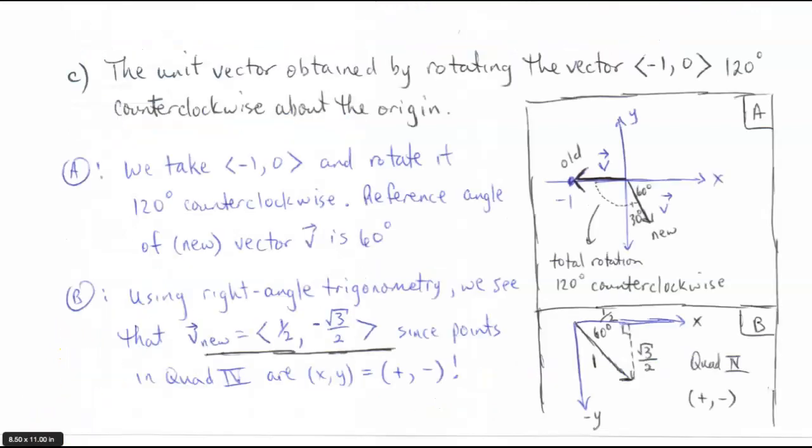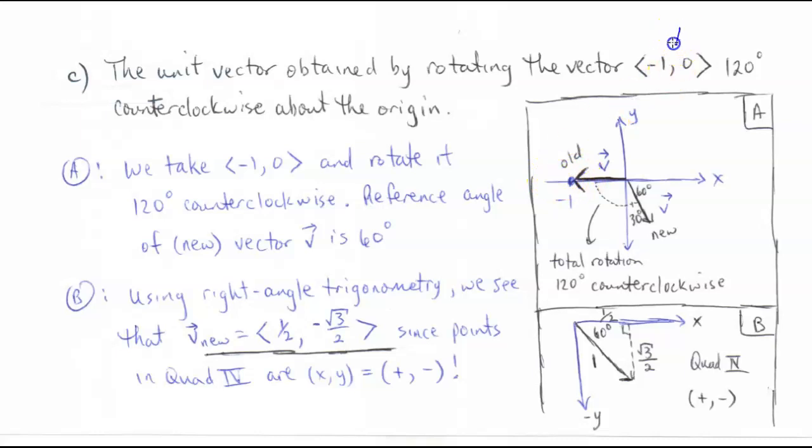So our last example for example 2 is kind of like the last question that we had in example 1, where we have a unit vector obtained by rotating the component vector negative 1, 0, 120 degrees about the origin. Okay. So notice here, I've already worked it out.